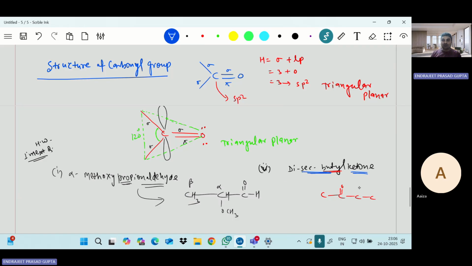Don't write the first four carbons, because only the direct ketone is written. First try to make the secondary butyl, then di-secondary butyl.